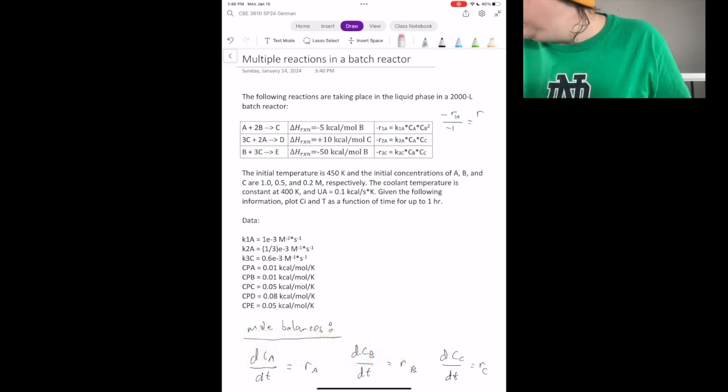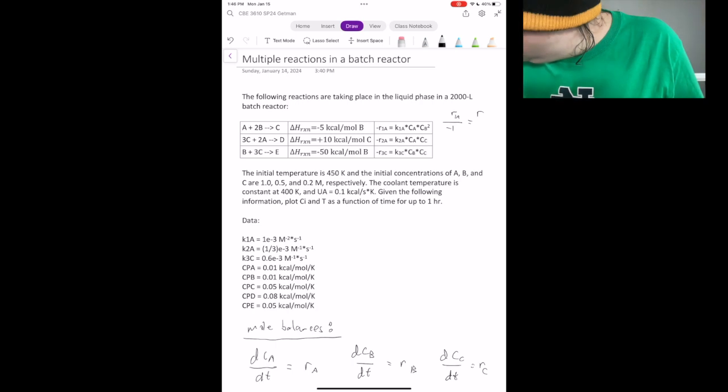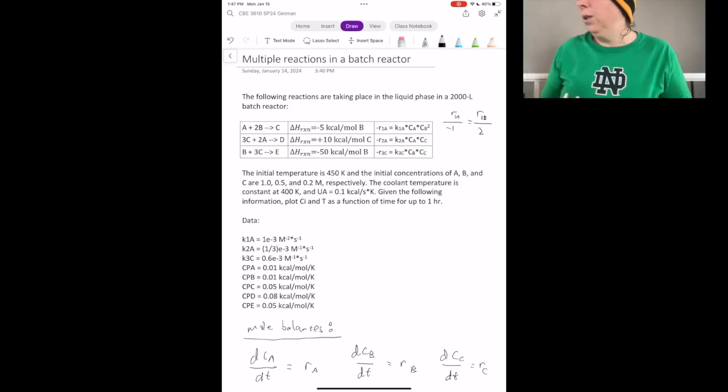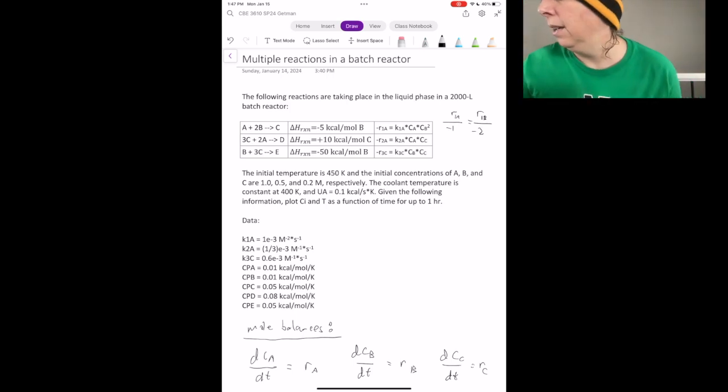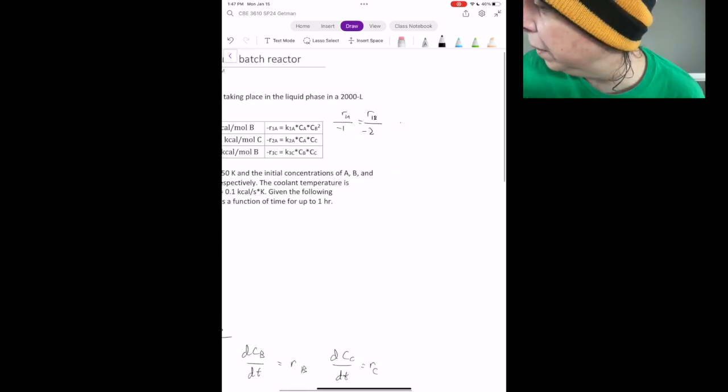So the relative rate of generation of A in reaction 1 divided by its stoichiometric coefficient, I'm now going to make that equal to R1B over its stoichiometric coefficient, which is 2. B is also a reactant, so it's also going to be negative, and because of that, I'm going to solve for R1B is going to be equal to 2R1A.